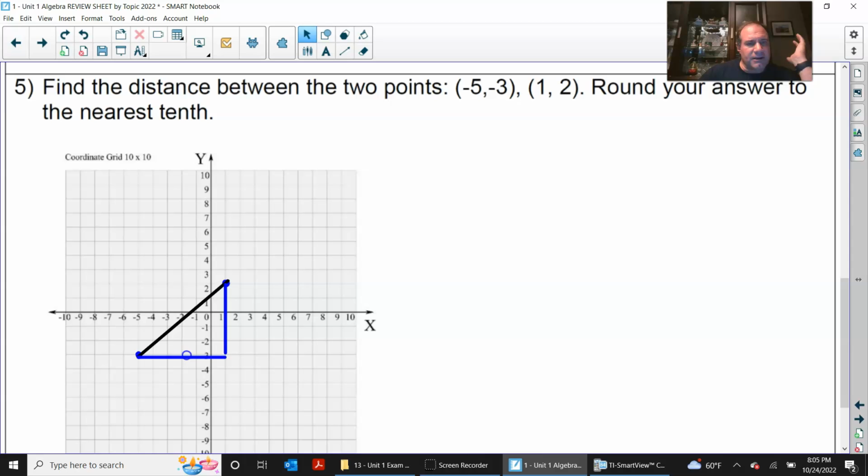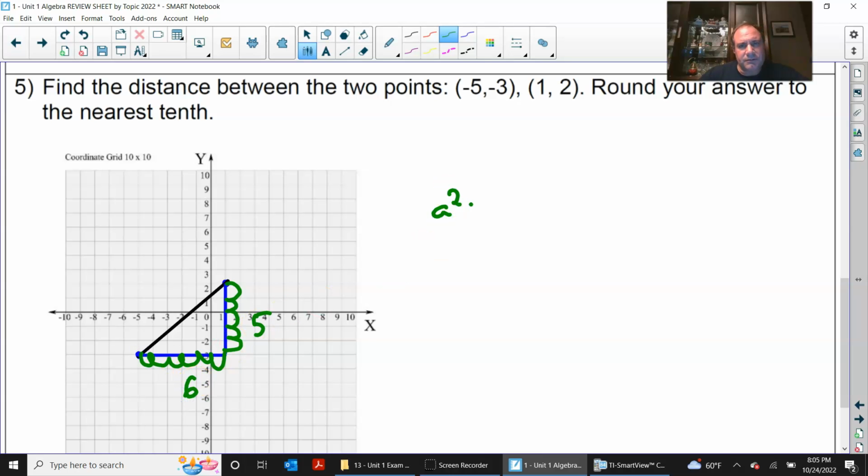So after I make my right triangle, I'm going to go ahead and figure out 1, 2, 3, 4, 5. So the length of this side is 5. This is 1, 2, 3, 4, 5, 6.